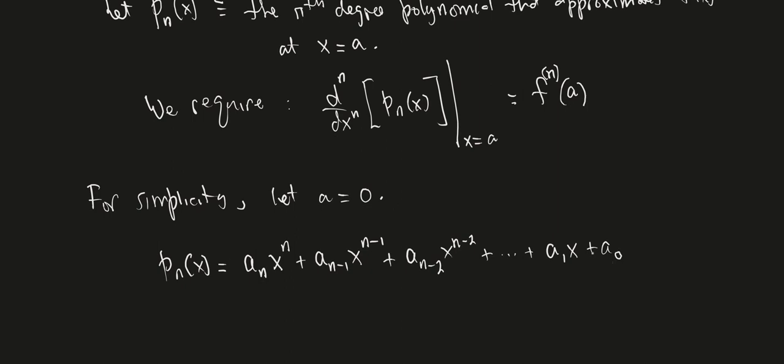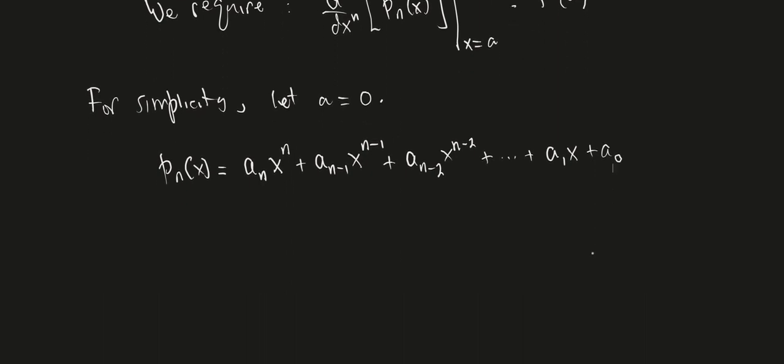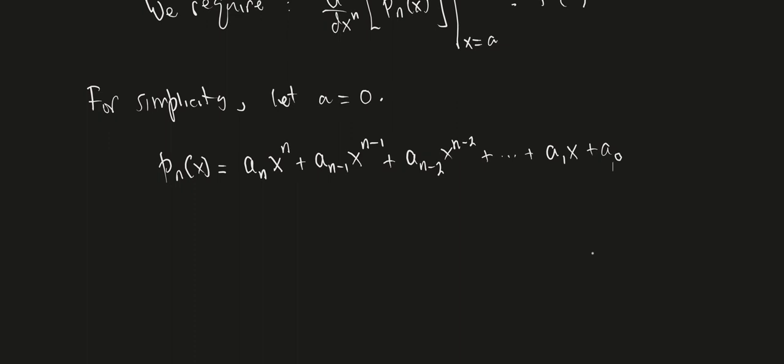It's a little hard now when we don't know what the degree is, but let's go ahead so that we can see the pattern, and then I will generalize it.